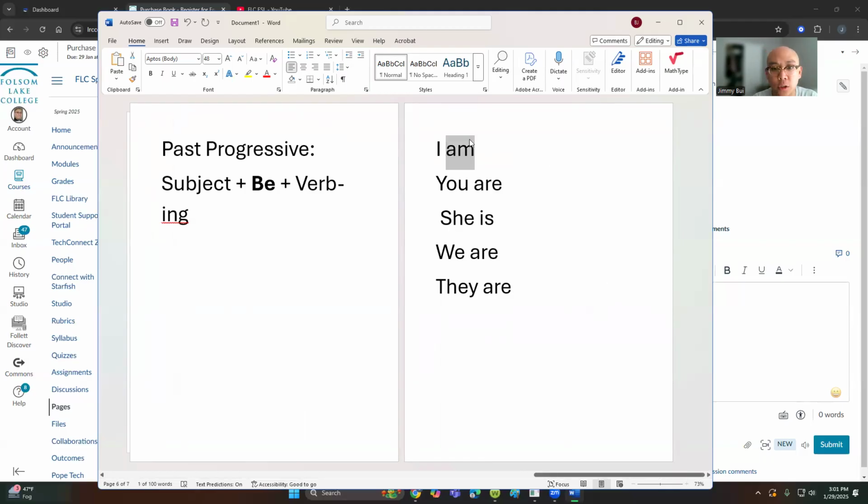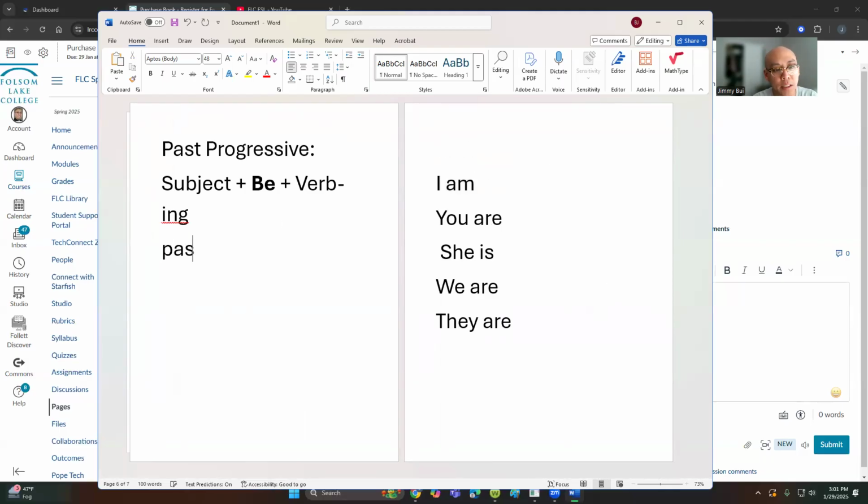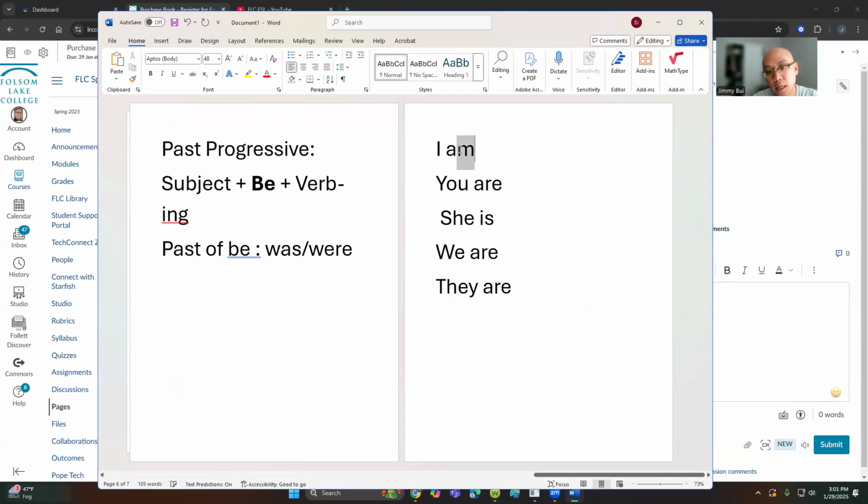To change this to past tense, past be is going to be was or were. Okay. So I was, you were, she was, we were, they were. Of course, if you're not using subject pronouns, the rules are going to be the same.